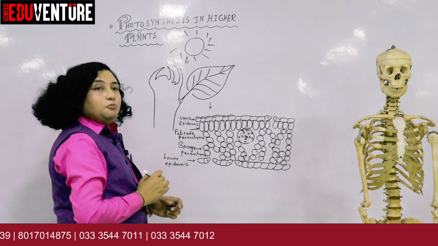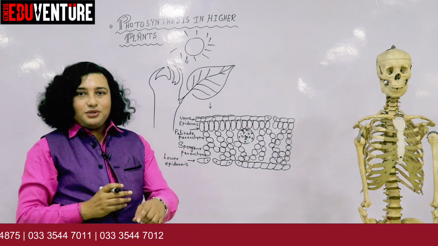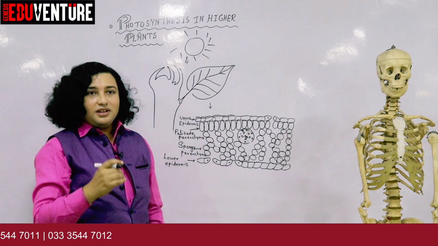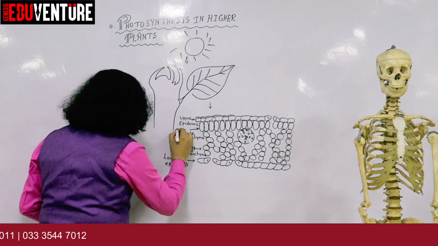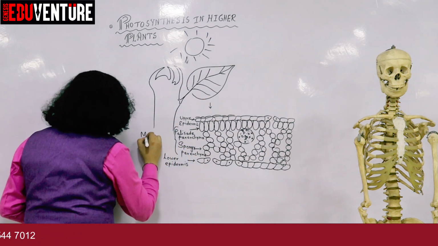Now this palisade and spongy parenchyma together constitute, yes, can you tell me what it constitutes? Together they constitute the ground tissue of the leaf, that is known as mesophyll tissue. So these two together will constitute the mesophyll tissue.